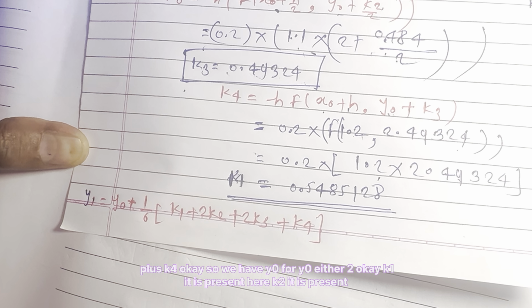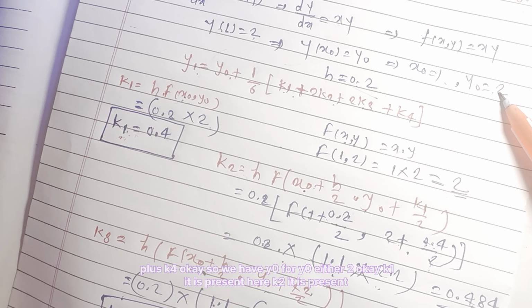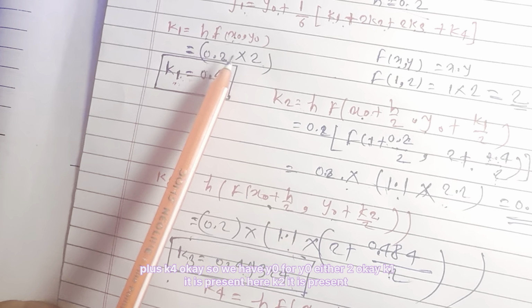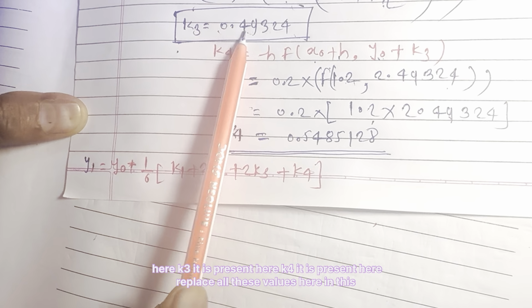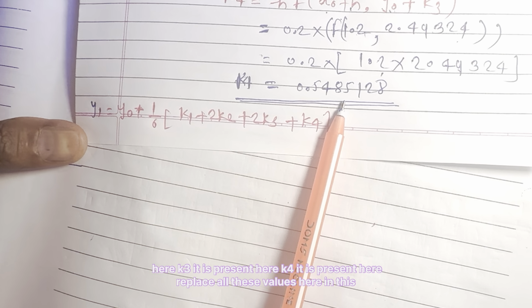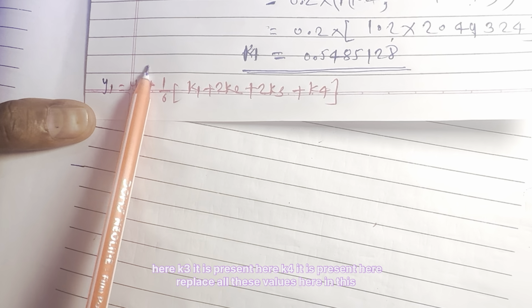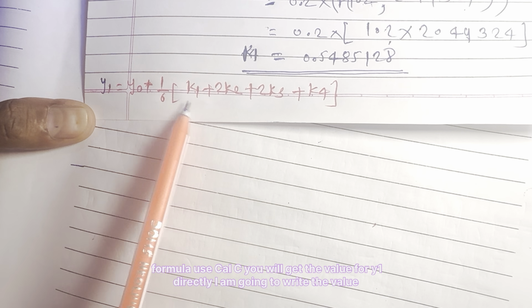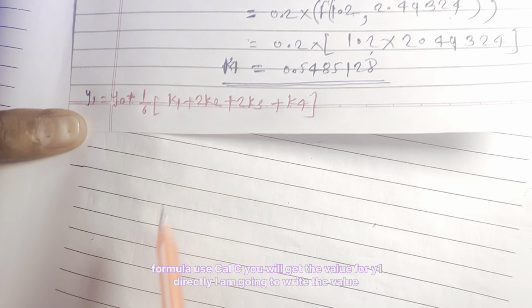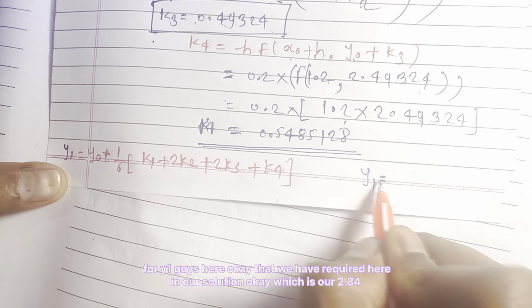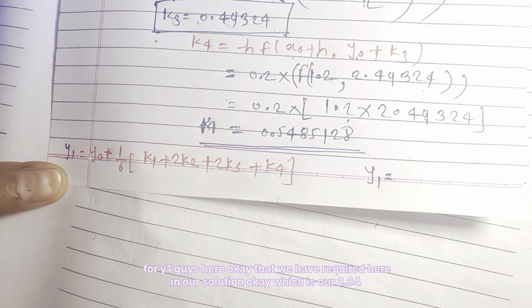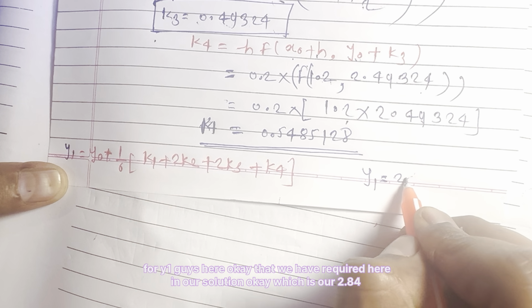We have the value for y0 as 2. k1 is present here, k2 is present here, k3 is present here, k4 is present here. Replace all these values in this formula. Use a calculator, you will get the value for y1. Directly I'm going to write the value for y1 here, that we require in our solution.